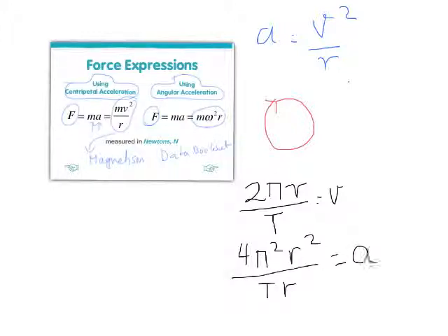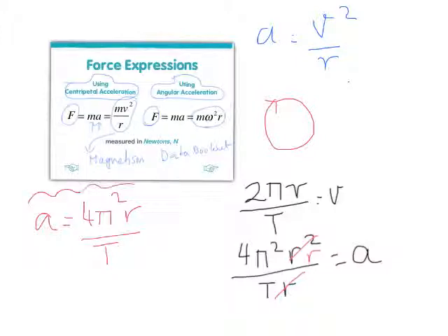And that would give us acceleration. We would need to cancel the r's. So what we get is a final relationship for acceleration, which is 4 pi squared r over T squared. Again, this is also on the data booklet, but it's very much worth knowing if you're ever given the period of rotation and the radius only.